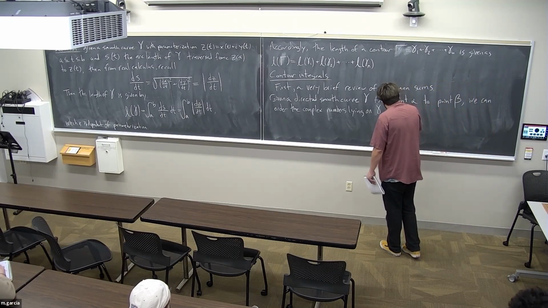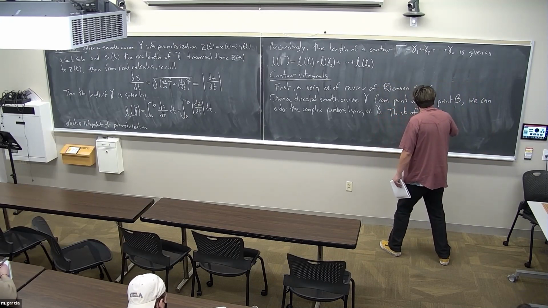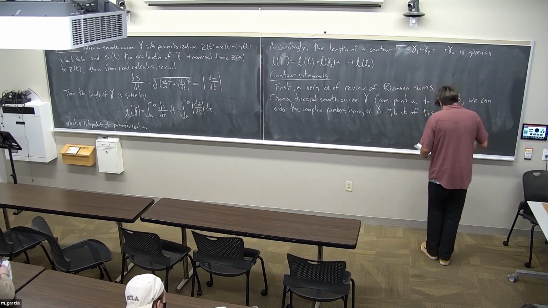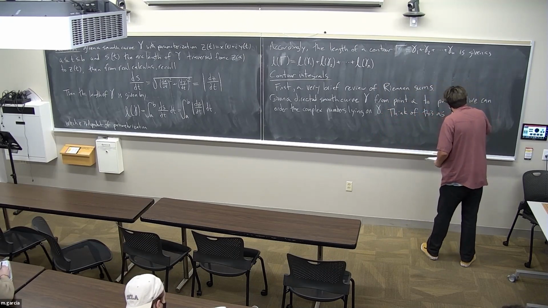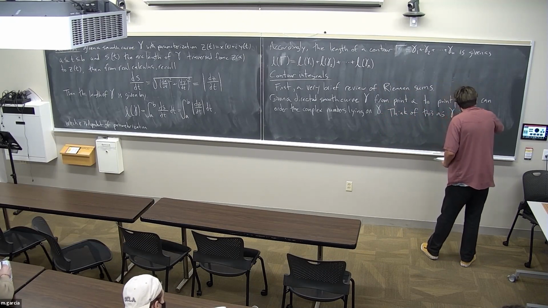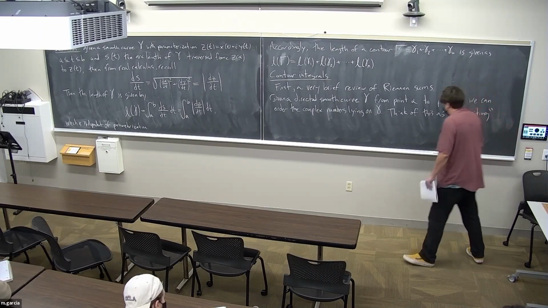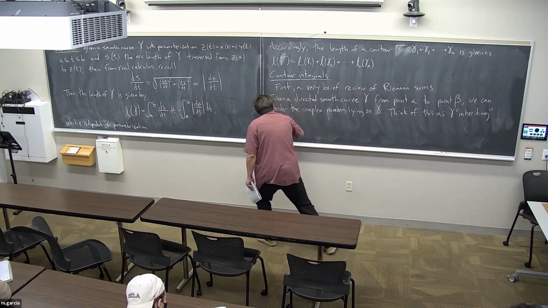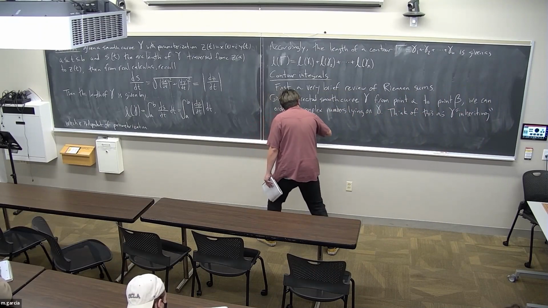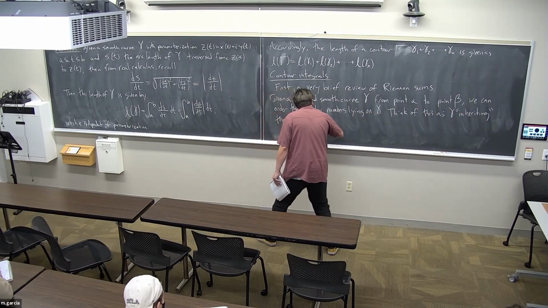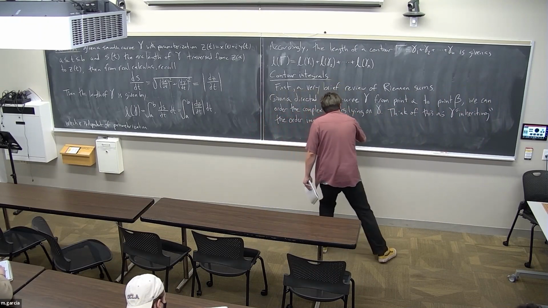So what we do is we think of gamma as inheriting the order imposed by some parameterization.